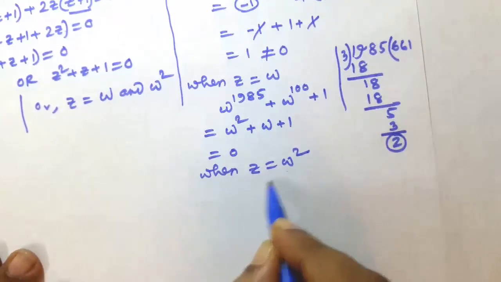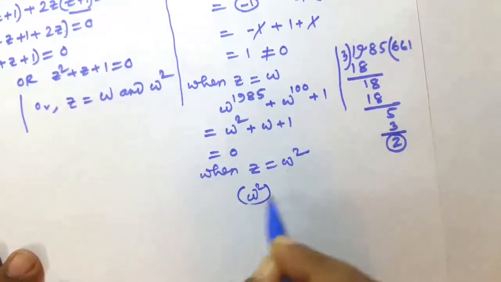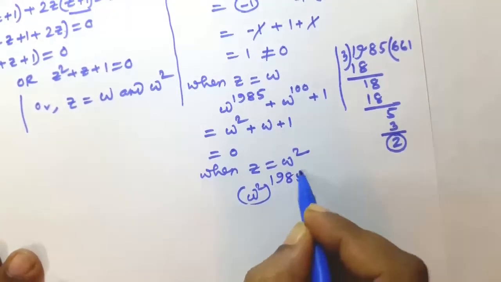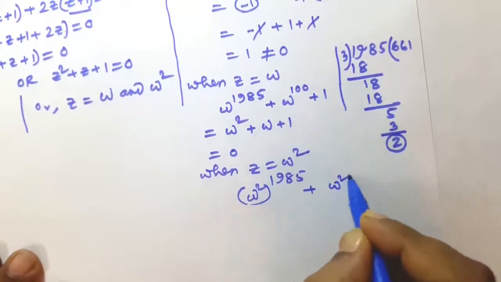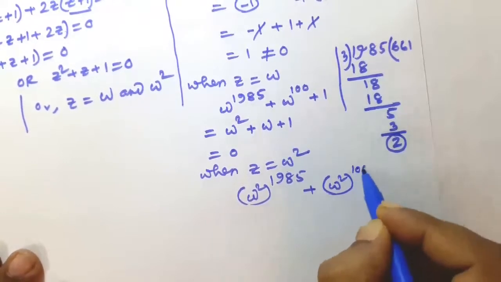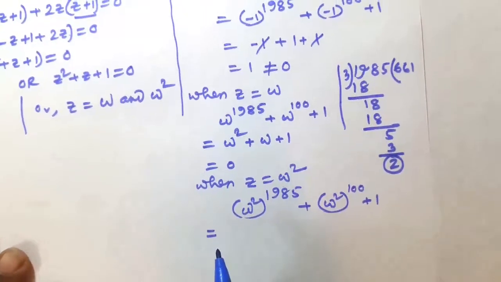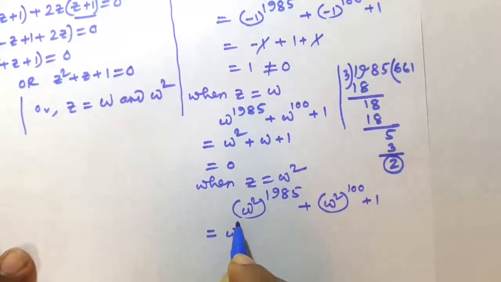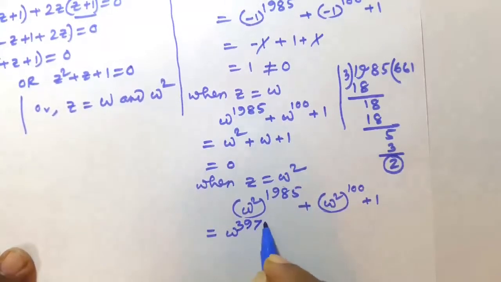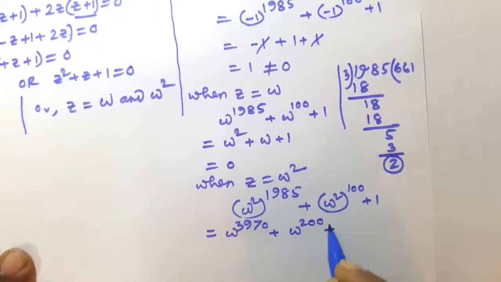Z to the power 1985 means omega square whole to the power 1985 plus omega square whole to the power 100 plus 1 is equal to omega to the power 3970 plus omega to the power 200 plus 1, is equal to omega plus omega square plus 1.